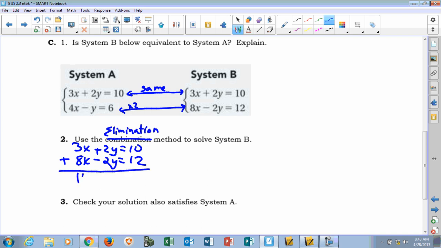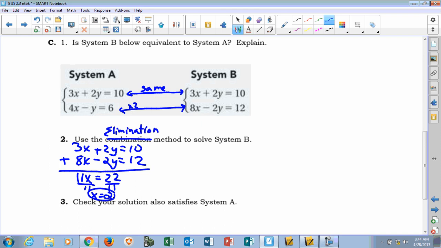So here you get 11x equals 22. Isn't that the same as the one on the front? It's exactly the same as the one on the front, number 4. And when we divide by 11, x equals 2. So when you plug it in to the original equation, which is basically system A, right?